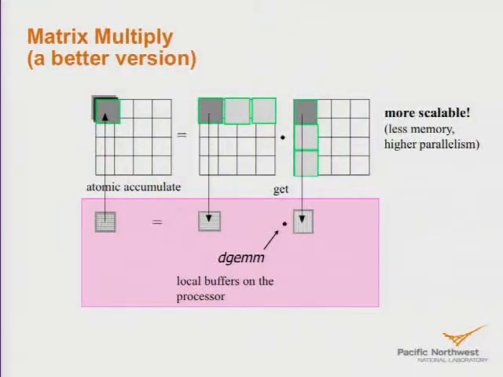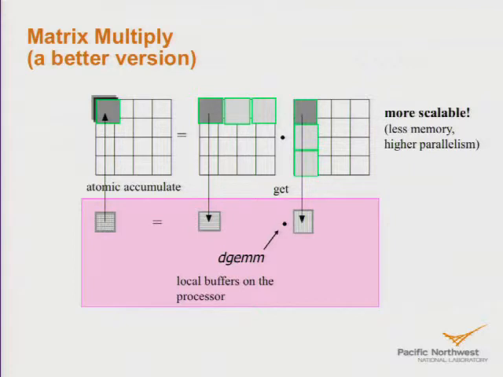A better one would be to divide the system up into smaller blocks, and you grab smaller blocks into your local buffers and do parallel computation. Now, because there are going to be multiple computations contributing to the same block in the product matrix, instead of using a put, you use something called accumulate, which is kind of like a put, except instead of copying over the contents of the buffer into the global array, it adds the contents of the buffer into whatever's already there.